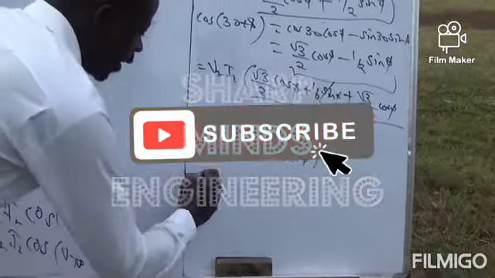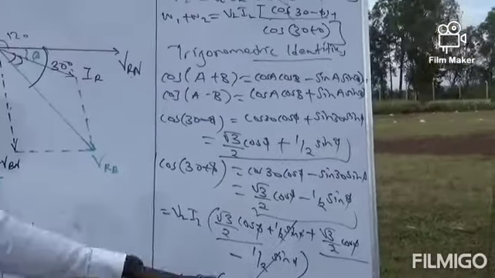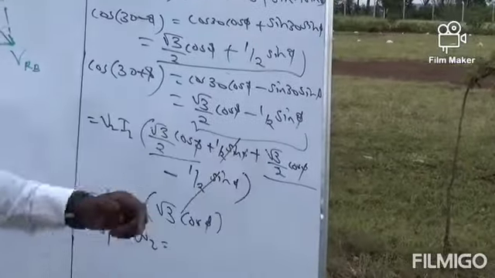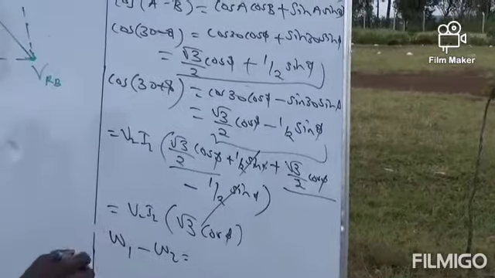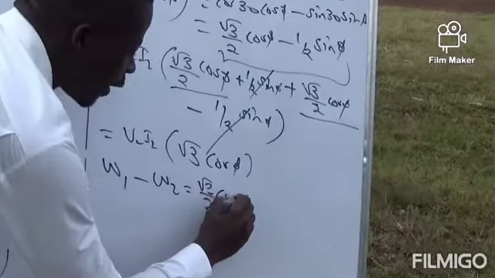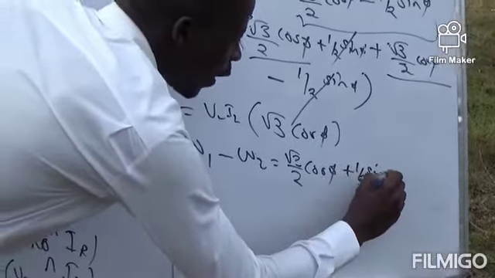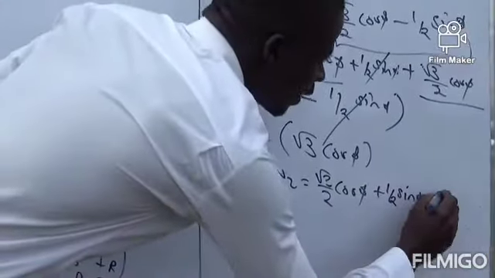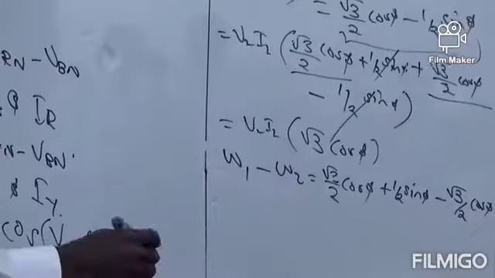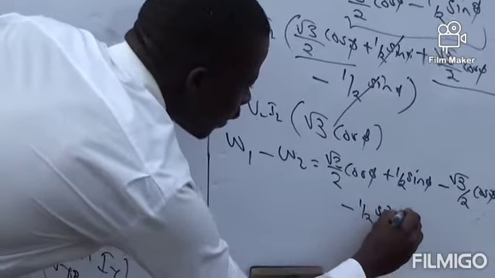So subtracting wattmeter 1 minus wattmeter 2, you are simply going to change the sign here, whereby now at this particular point you'll have a minus. So in other words, you're going to have root 3 over 2 cos phi plus a half sin phi minus root 3 over 2 cos phi minus a half sin phi.